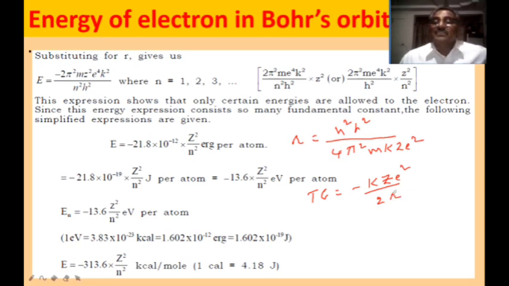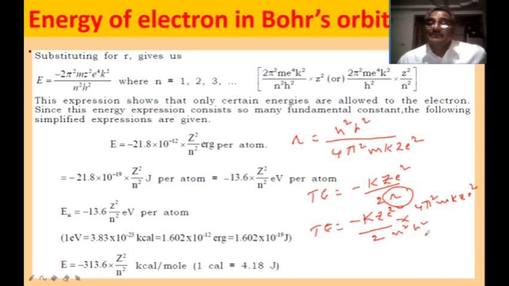In this, if the value of r is substituted, we get total energy is equal to minus kZe square by 2 into n square h square, and this 4 pi square mkZe square goes to the denominator. Here the 2 divides this 4 by 2 times.